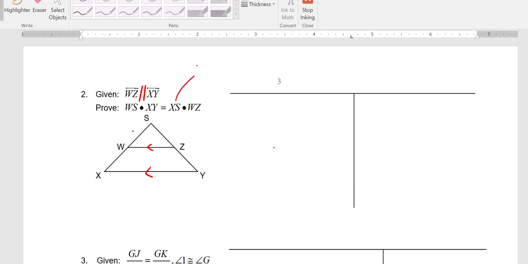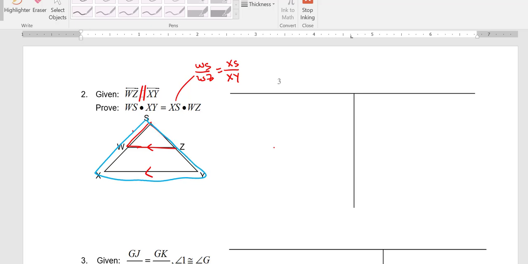This is going to come from this, right? WS is to WZ as XS is to XY. And that is going to be a CSSTP working from this triangle being similar to this triangle right there.